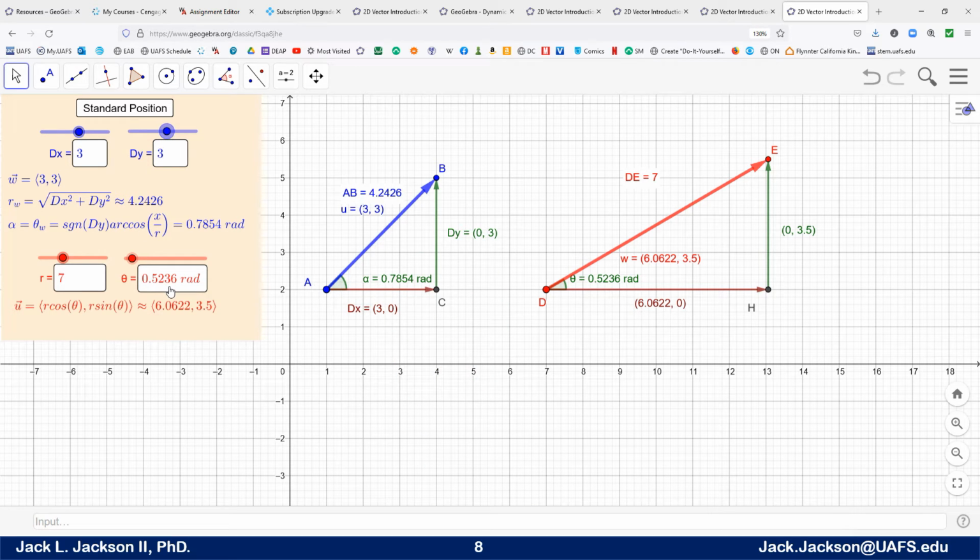Okay, now how can we change between these two forms? Well, it turns out that you've got some nice Pythagorean theorem going on here, or some right triangle relationships.